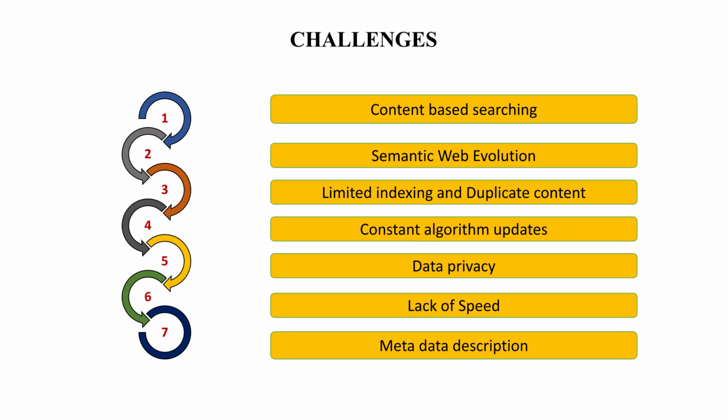Just try to understand, video content doesn't have any meta tag. If information doesn't have any meta tag, it is impossible for a search engine to understand what the content is. And if it is not able to understand what the content is, delivering the correct content for a query is a very challenging process.